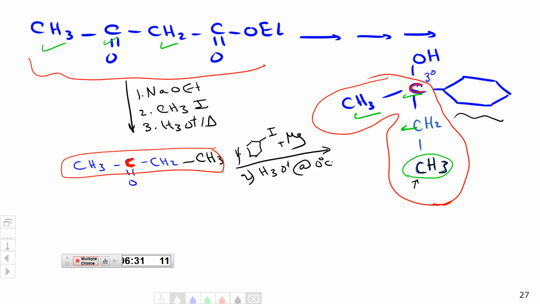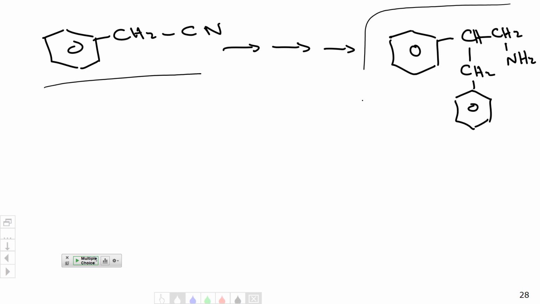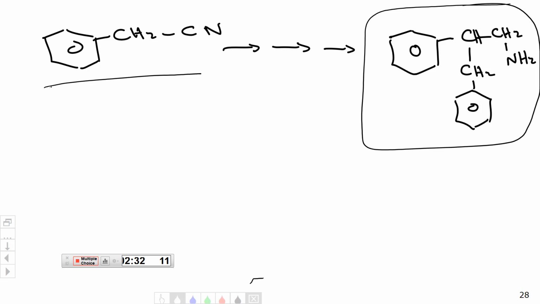Okay, let's do some more practice on this. In here, I'm starting with this nitrile, ending up with this compound in here. The question is, what are the steps necessary to go from the starting material to the end material? So we're starting with a nitrile.